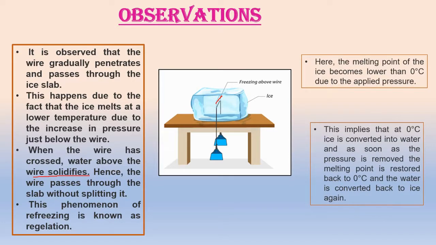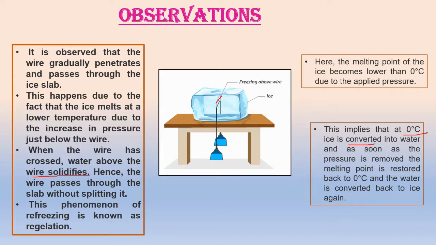This implies that ice is converted into water, and as soon as the pressure is removed, the melting point is restored back to 0 degrees Celsius. Now what happens over here? So what happens is, ice is converted into water when the pressure is applied.